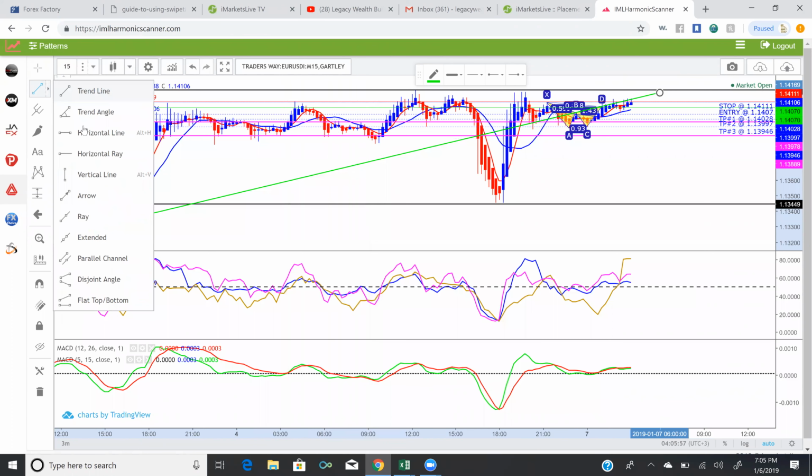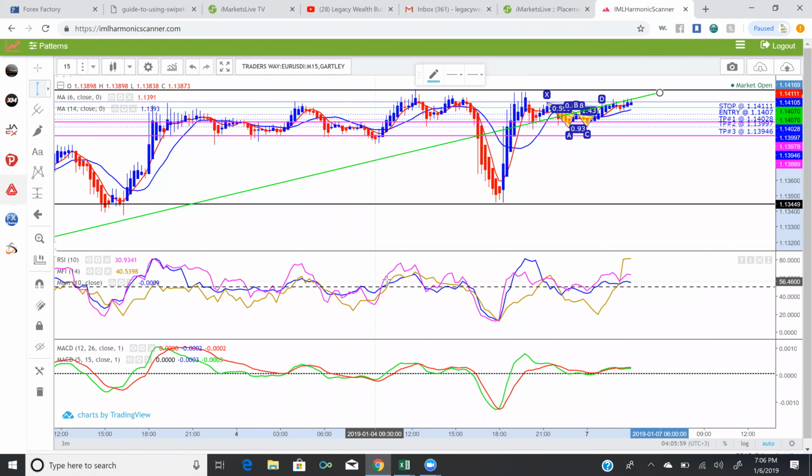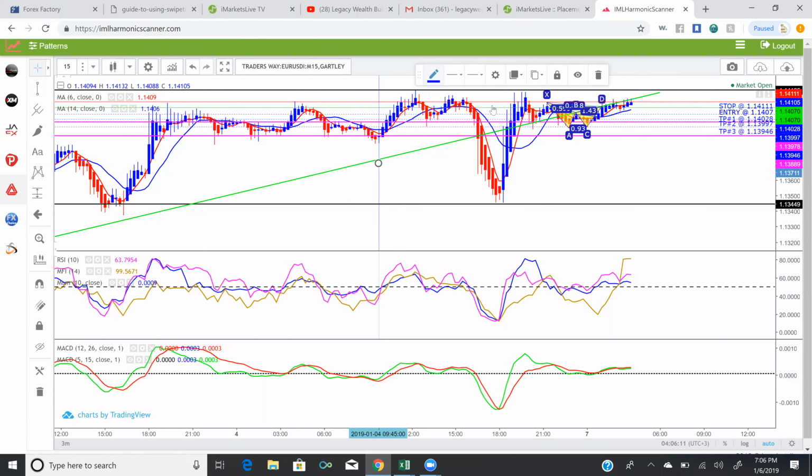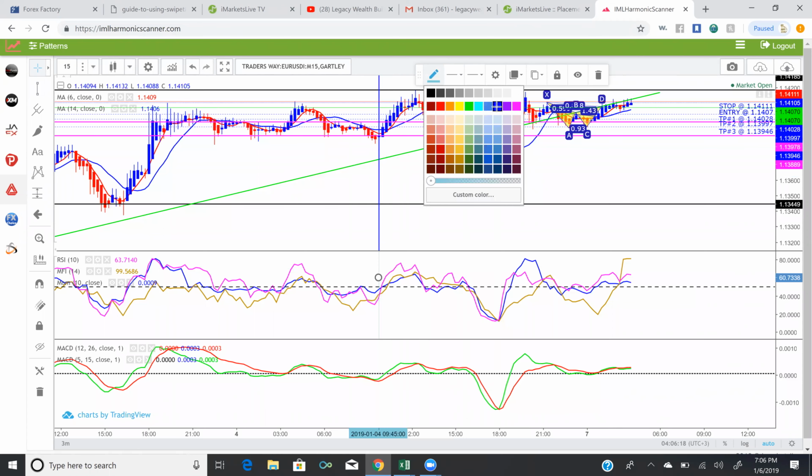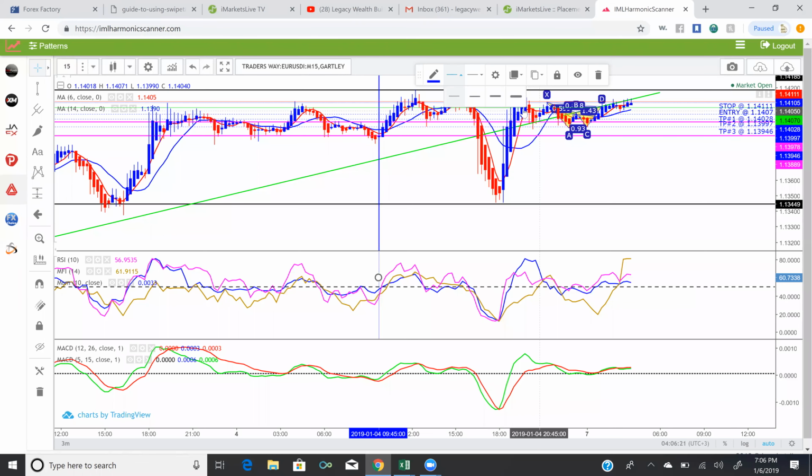Let's take a look at it. So this doji, this candlestick in the middle, talk to me and tell me what you see on the RSI, MFI, and the momentum candles. Indicators.